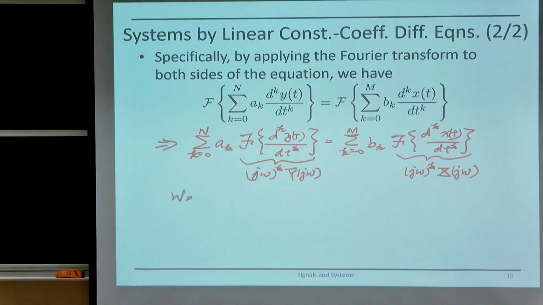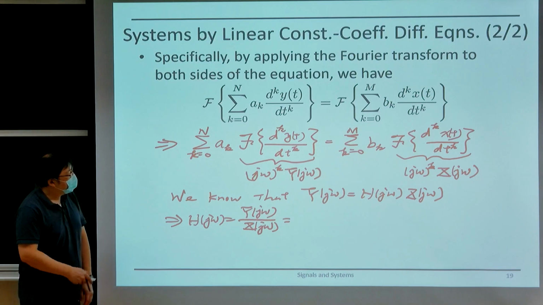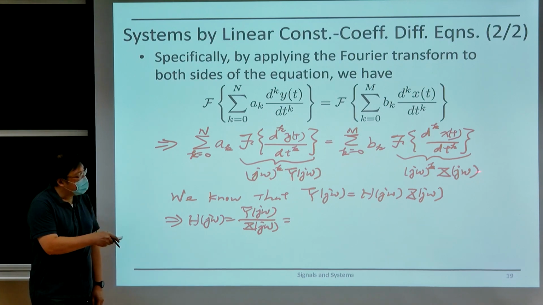Now we know that Y(j omega) should be equal to H(j omega) times X(j omega). So if you divide X(j omega) to the other side, you get H(j omega), that is Y divided by X. You have Y on the left-hand side and X on the right-hand side.